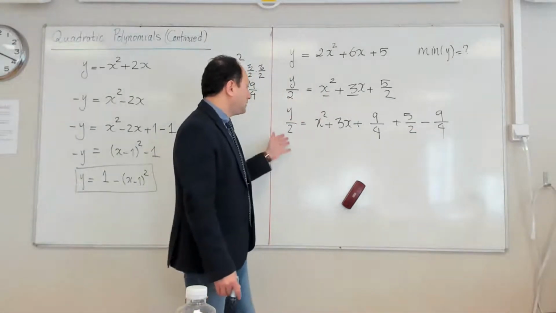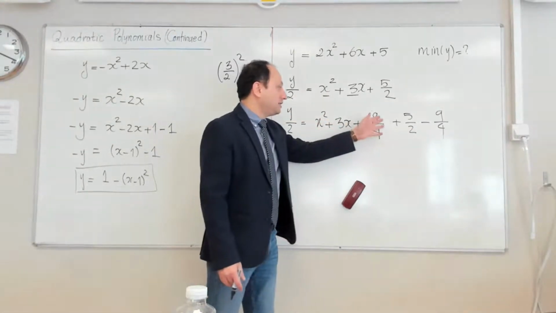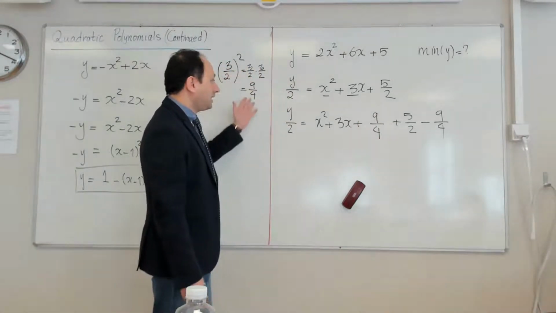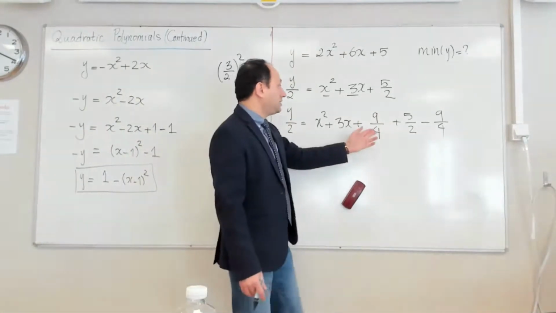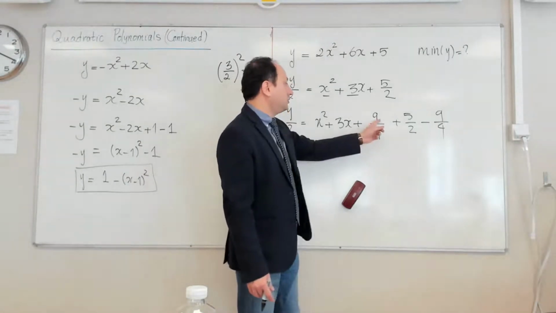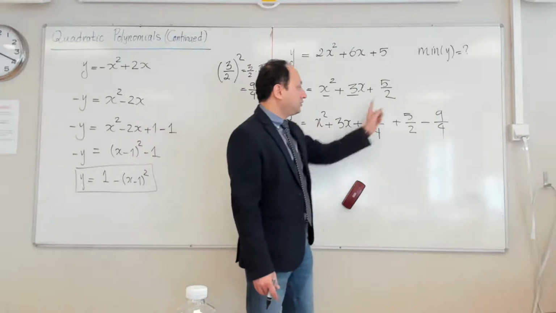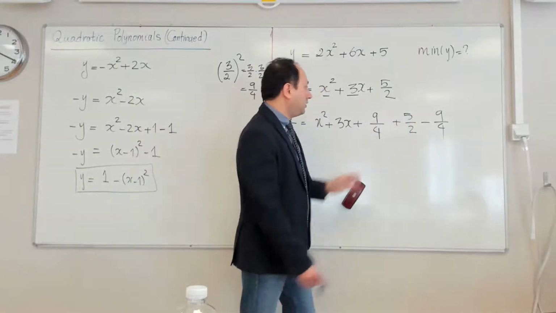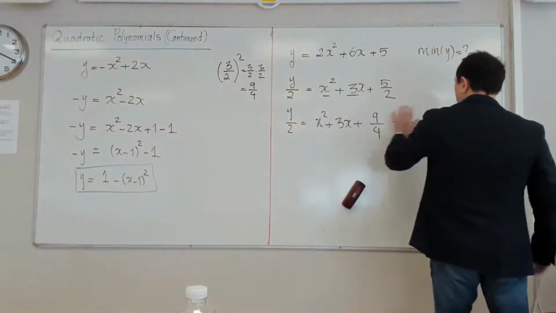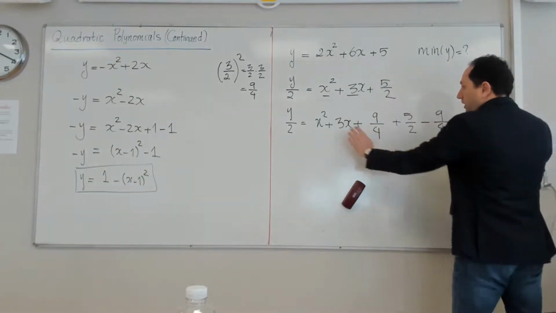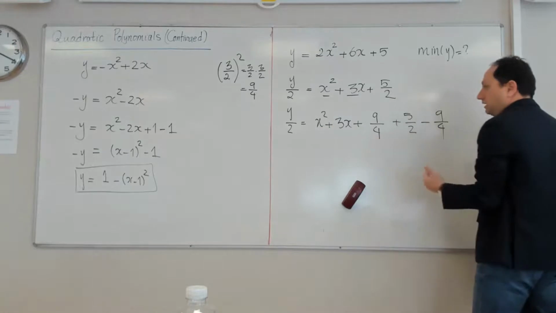I divided everything by 2. I asked what is the number that I have to add. I went to the scratch paper, I calculated that, and then I say that, okay, I am adding 9/4 here to keep this equality meaningful. I have to take it away. Now, this minus 9/4 and that 9/4 are gone, and I am having the same thing. So what I have written here is completely legal, yes?